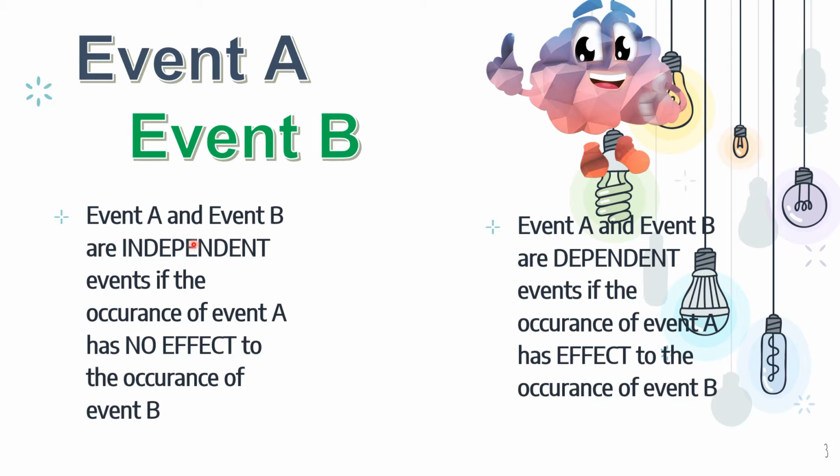Event A and event B are independent events if the occurrence of event A has no effect on the occurrence of event B. And what is the meaning of dependent events? Event A and event B are dependent events if the occurrence of event A has an effect on the occurrence of event B.